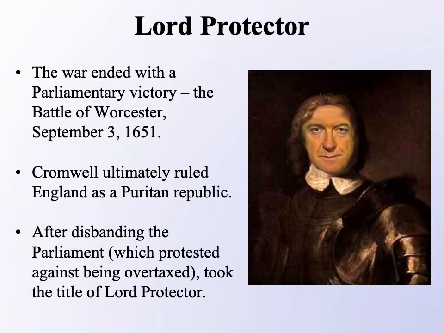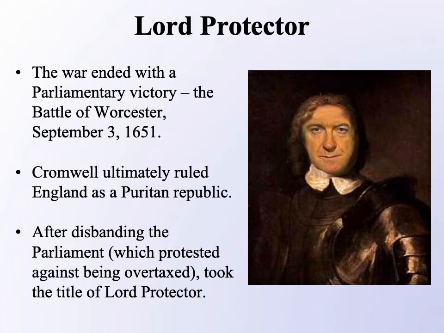Now, as I noted, it's only a matter of time before the Parliamentary Army is victorious. The war is going to end with the Battle of Worcester on September 3rd of 1651, with Cromwell eventually becoming the dominant figure in the new government. And initially, there was kind of the idea of governing with the Parliament. After all, this was a parliamentary army that supported a strong Parliament.